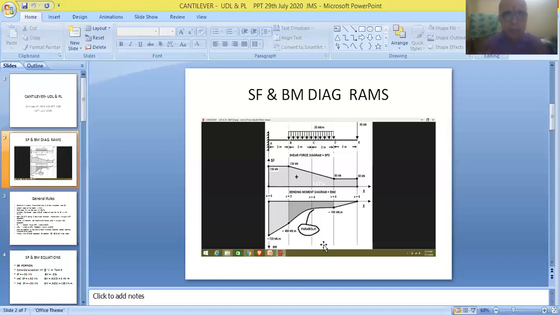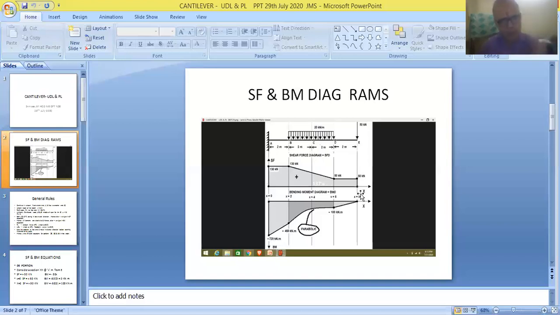It will be given in the form of a description, 4 or 5 sentences. One by one, we have to read all the sentences and understand the information given in the problem. Based on that information, sometimes we have to prepare a loading diagram before starting the problem.